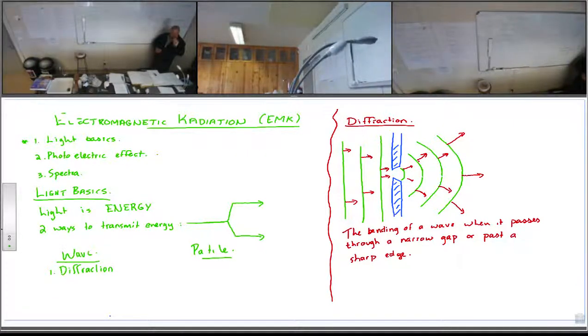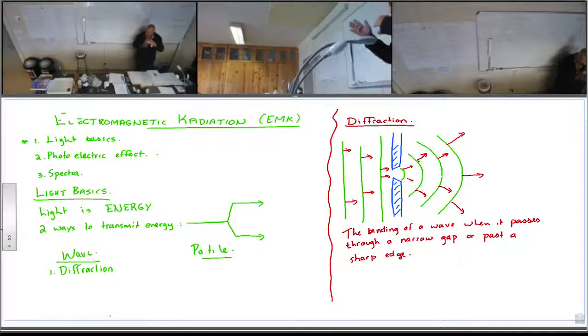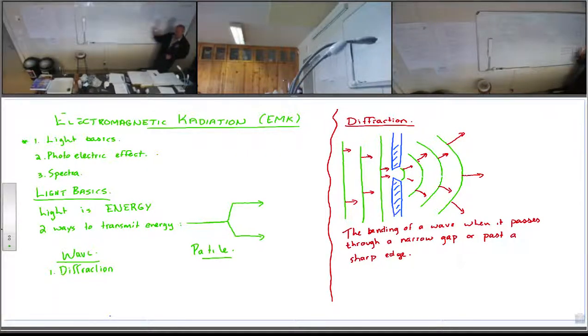No, they'd carry on the straight line. Unless they hit the harbor wall, then they would ricochet. But if they never hit anything, they'd just carry on in the straight line. So particles don't bend when they go through narrow gaps or past a sharp edge. They carry on in the straight line. Waves do bend, okay? And as we can see, water waves, they bend. Light waves do the same thing. We'll look at that just now.